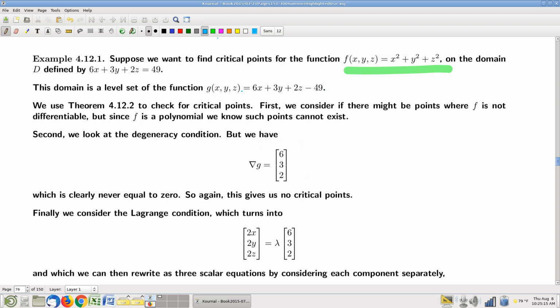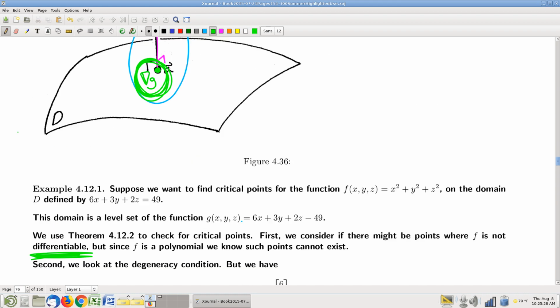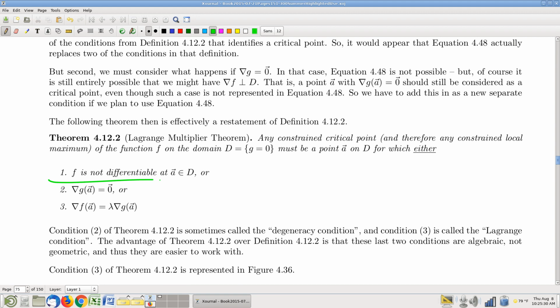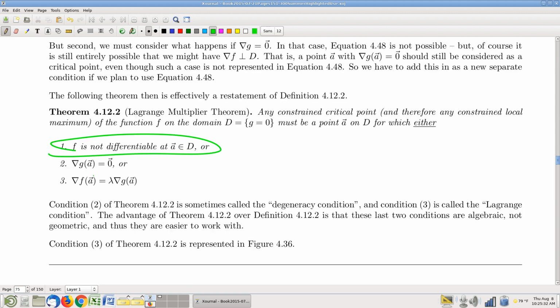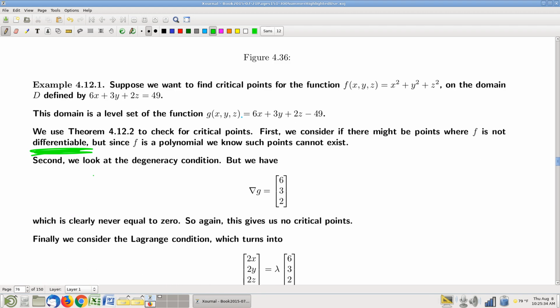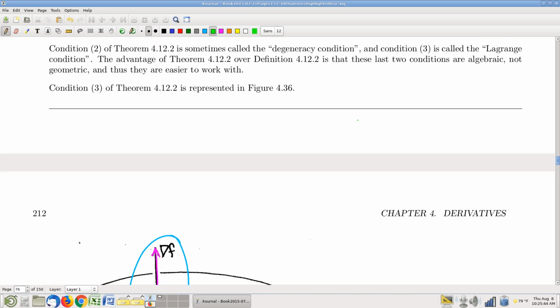Our objective function, the function we're trying to maximize, is there. Okay. All right, so let's look for issues. Differentiability. Right, the first condition, are there any points where the function fails to be differentiable? Nope. It's a polynomial, differentiable everywhere, no problem. Okay. Next condition, the degeneracy condition.